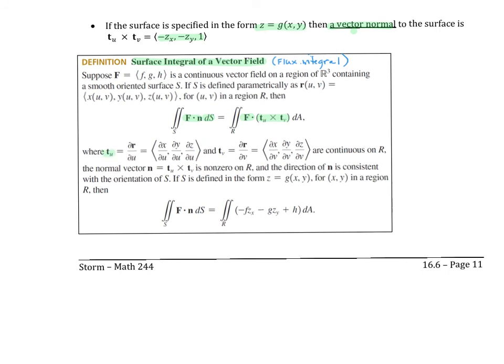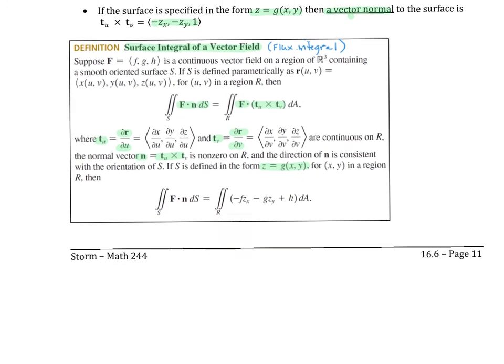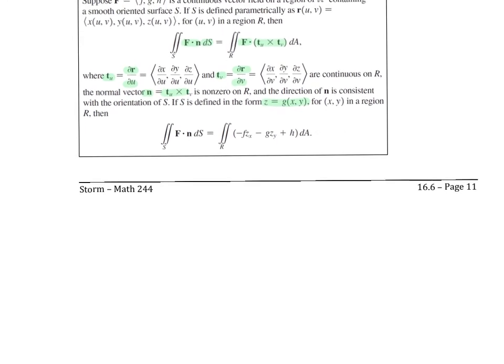Same tangent vector with respect to u, which would be the partial of r with respect to u, and tangent vector with respect to v, the partial of r with respect to v. So all of that is the same. So we know the normal vector would be the cross product. And if it's explicitly defined as z equal to some function of x and y, then we computed the vector field and dotted it with the normal vector.